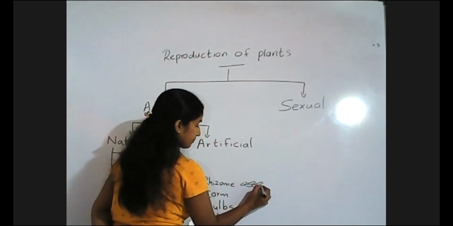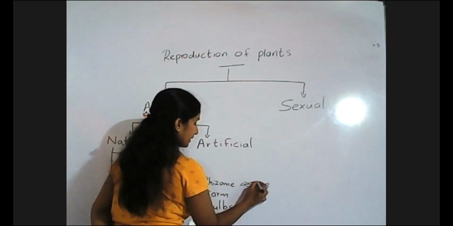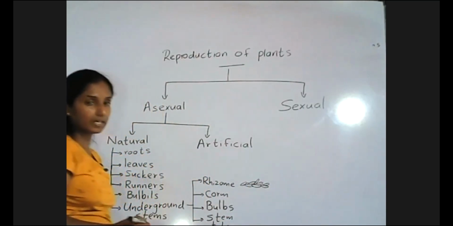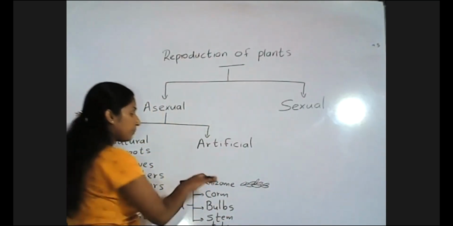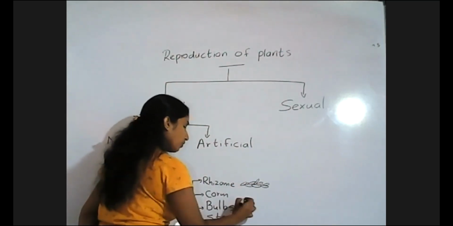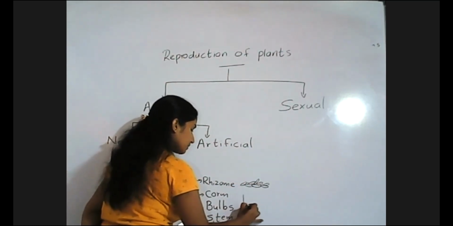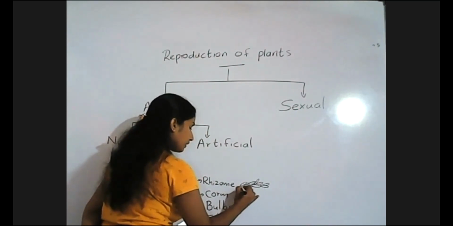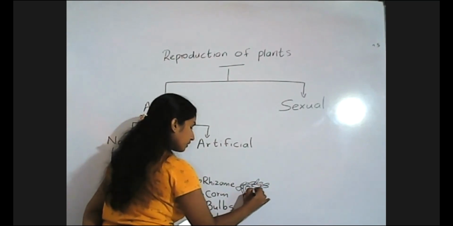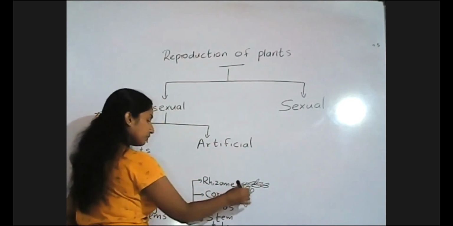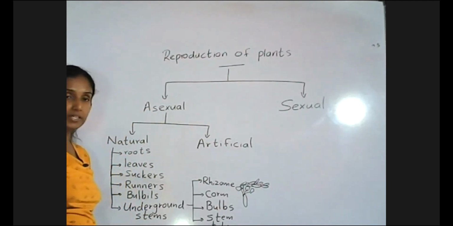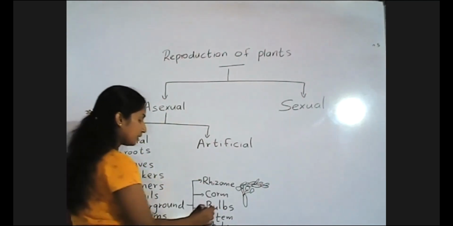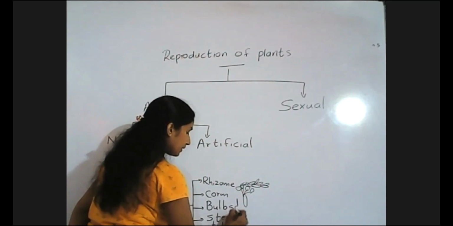This is the stem, like in ginger, turmeric. The stem is parallel to the ground. But in a corm, the stem is in the vertical position, perpendicular to the ground. Bulbs are like onions.